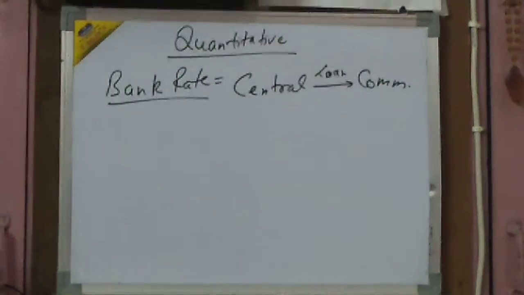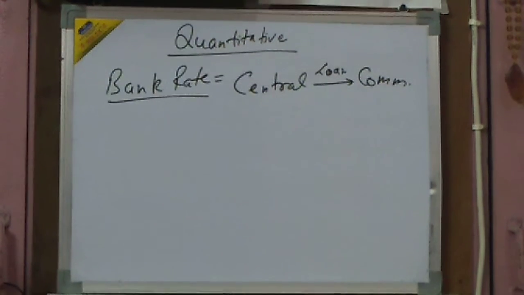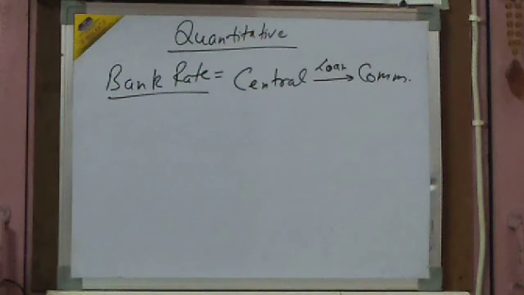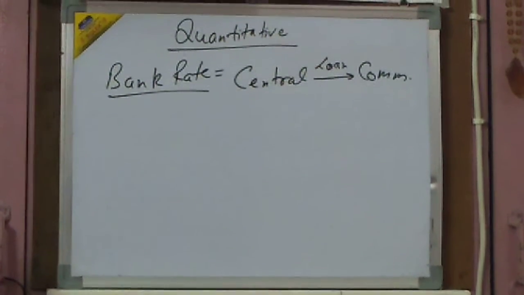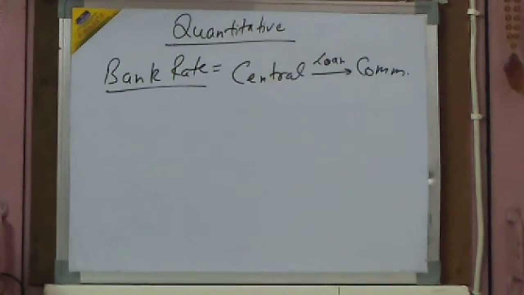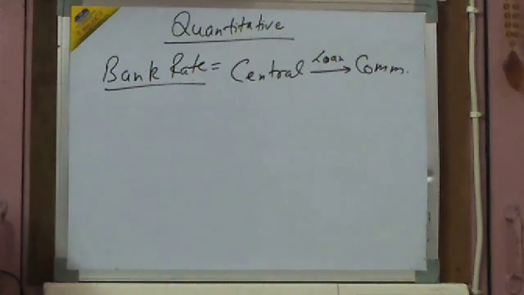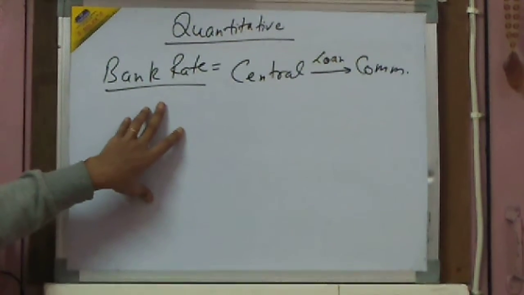Whenever they need a loan, they just give their securities to the central bank and the central bank rediscounts them. It is the rate at which the central bank rediscounts them. It is also known as bank rate.